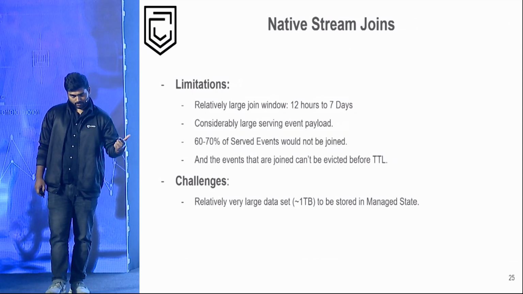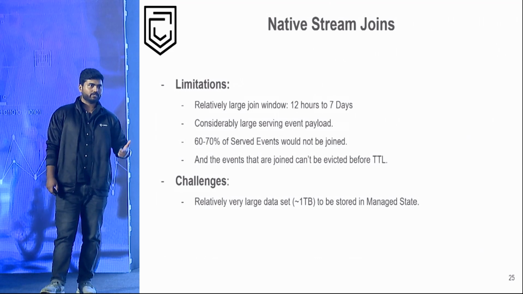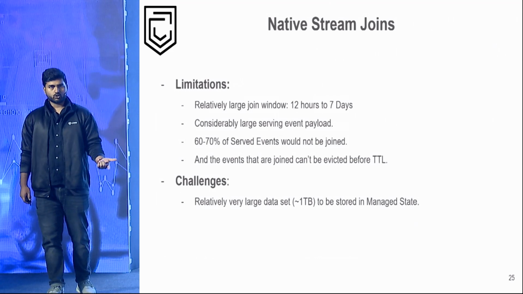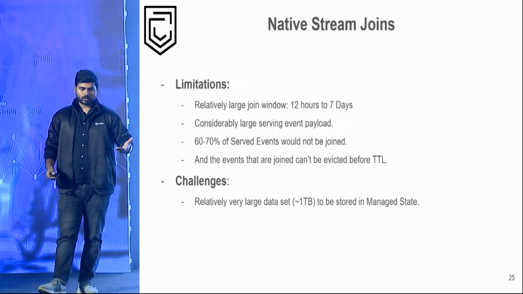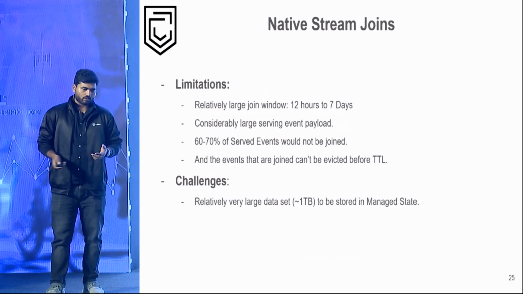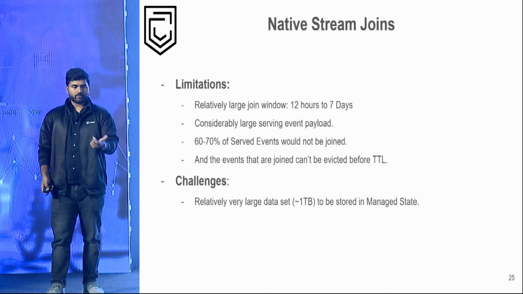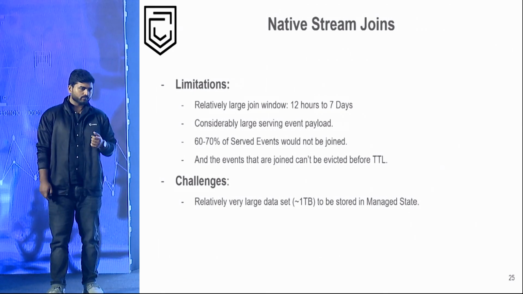The other part is that the view rates are only 30%, so 60 to 70% of the serving events are not joined, which is wasted. And in our context, we can't have a TTL, because there could be repeated events from the app that might come, and we need to keep the serving events in memory for a longer duration.